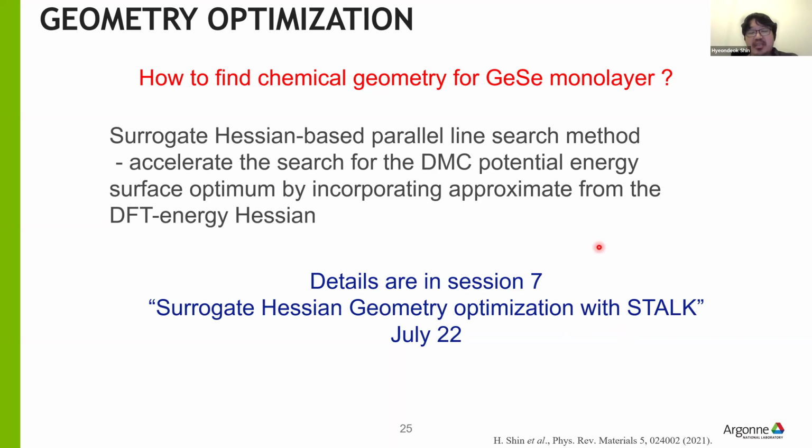So you can see the details of this method there. After this session, if someone is interested in the actual workflow for the germanium optimizations, you can tell me and I'll be happy to share.